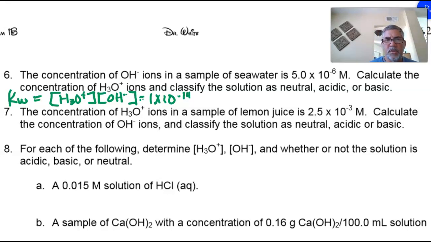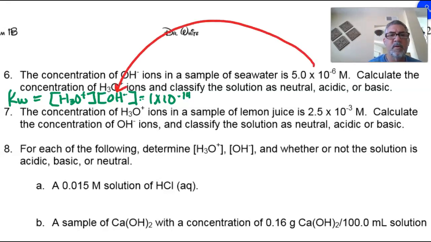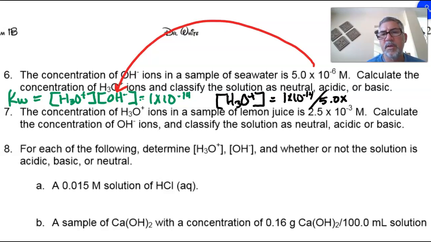So we could substitute this in, and we would have the equation like this. The concentration of hydronium is equal to 1 times 10 to the negative 14 divided by 5.0 times 10 to the negative 6.